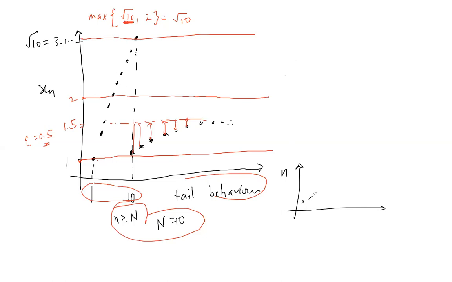You could have some sequence like this, and after that some sequence like that. So for the tail, this is the tail. It converges to some value a here. This is your threshold. Sorry, the threshold N is here.